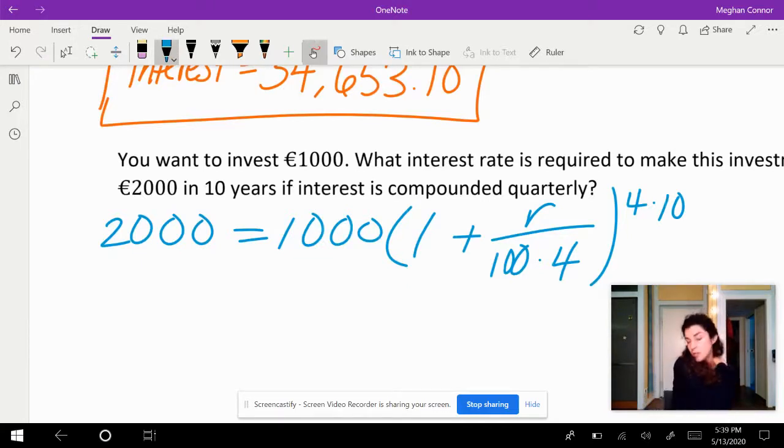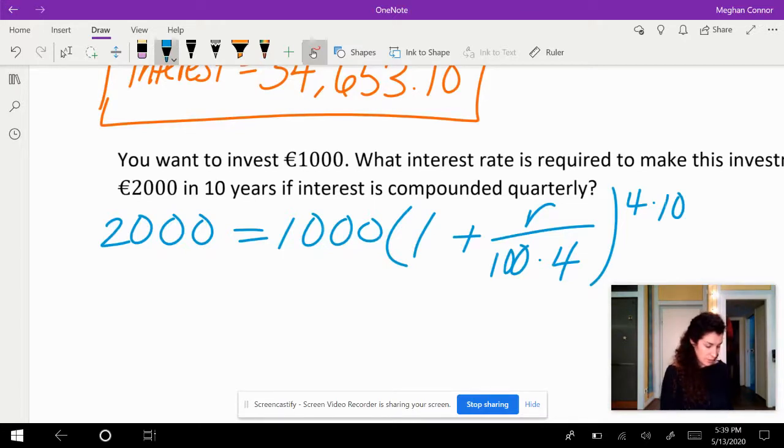And then you're compounding up top, which is 4 times the number of years, which is 10. Now, this is a lot to do algebraically, or we can just use our financial solver in our calculator. So the number of years is 10. The interest rate we don't know. Initial value, so we do a negative 1,000. Our final value will be 2,000.